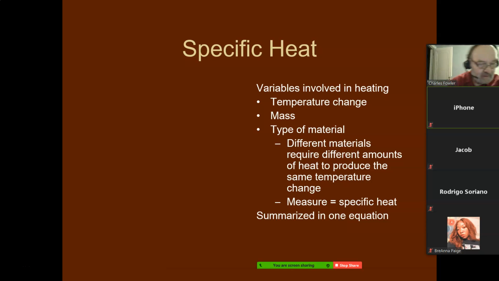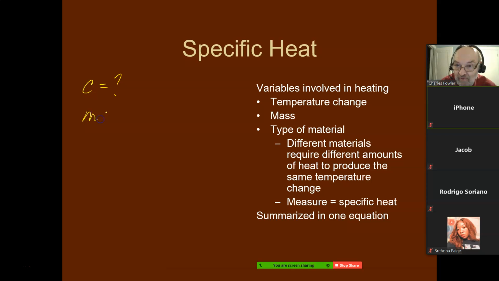Okay. Now, 4.6 says, what is the specific heat? So in this case, C is the unknown here. What is the specific heat of a 2 kilogram metal sample?